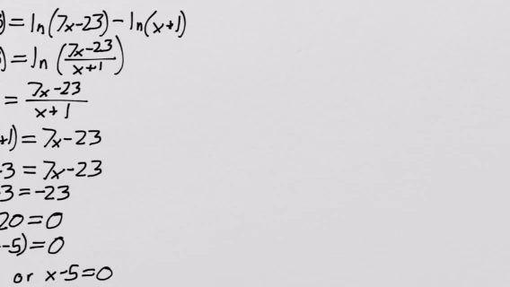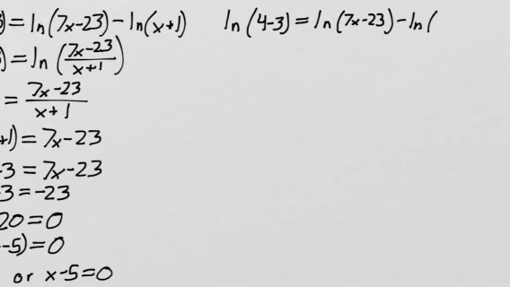So we have ln of 4 minus 3 equals ln of 7x minus 23 minus ln of 4 plus 1.